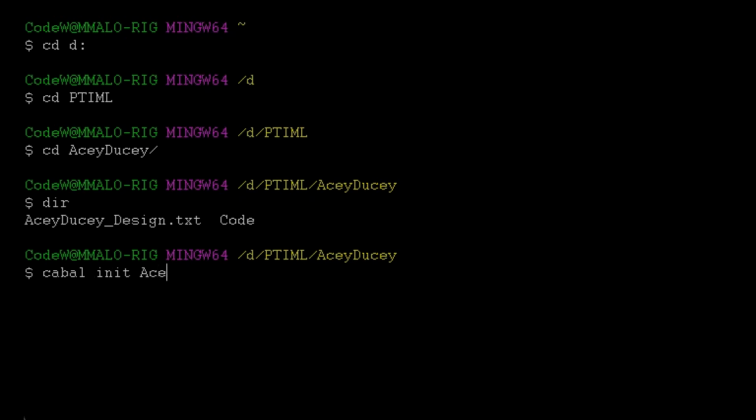So let's go Acey Ducey Haskell. I can use it to build Haskell stuff. I will just use Notepad++ to code it, and I'll use this to debug it, compile it, and then I'll use Windows Terminal to launch it, the exe.